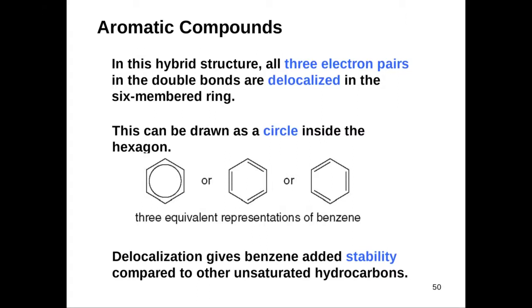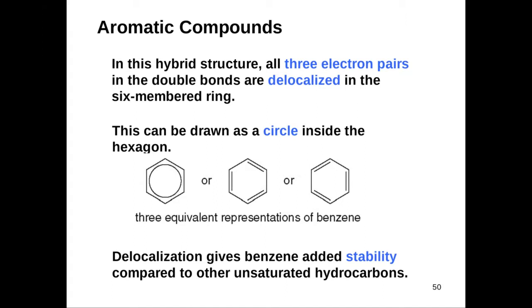Now, in this structure, all three electron pairs in the double bonds are what we call delocalized in the six-membered ring. Thus, we can draw benzene rings as one of three things. We either draw it like this, with this arrangement of double bonds, or this arrangement of double bonds, or we just draw it like this. Either is technically correct, because remember, it's essentially like both occurring at the exact same time.